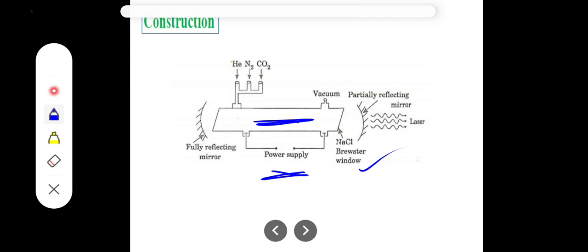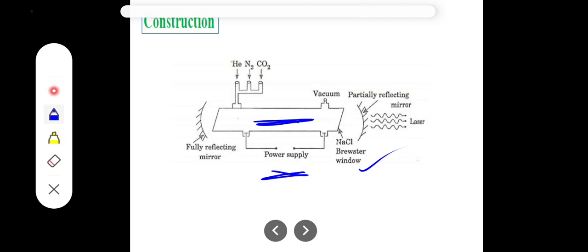Construction and working principle of the CO2 laser. The laser transition takes place between the vibrational energy levels of the CO2 molecules. The optical resonator is formed with two concave mirrors, one fully reflecting mirror M1 and one partially reflecting mirror M2.